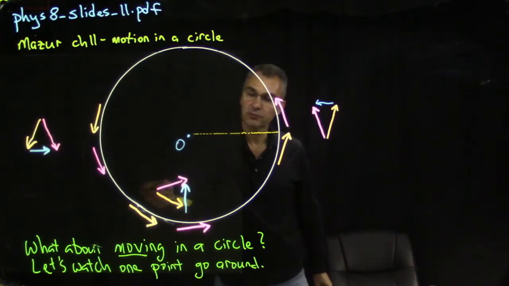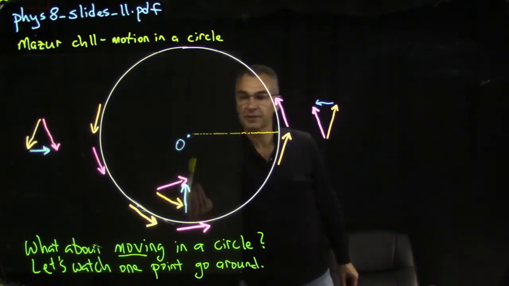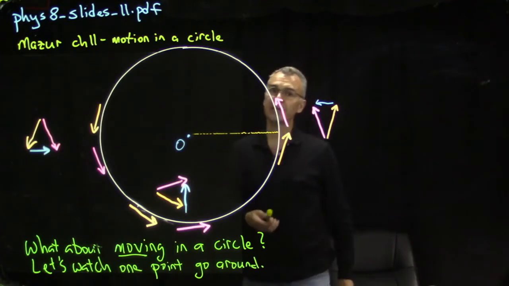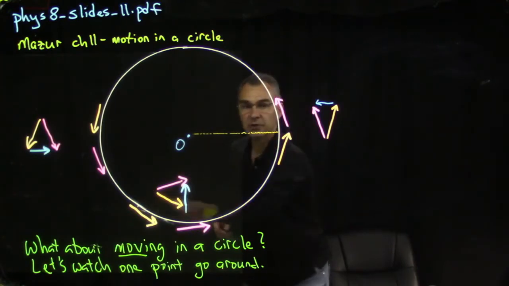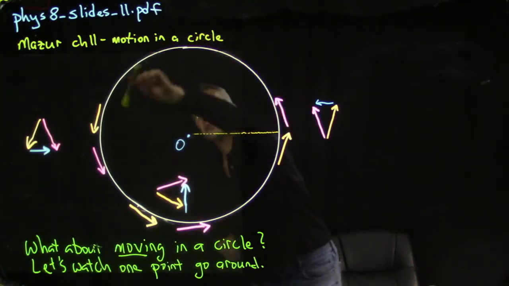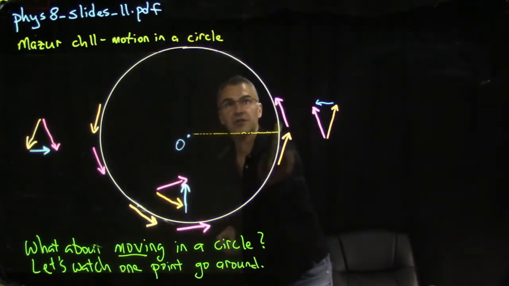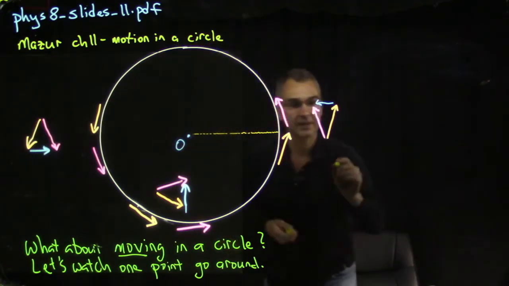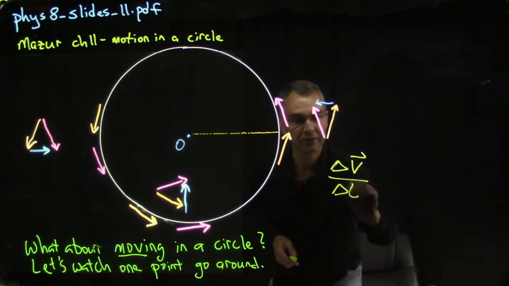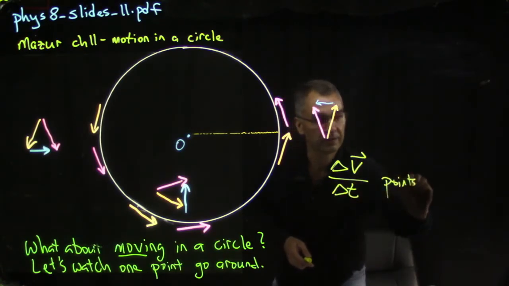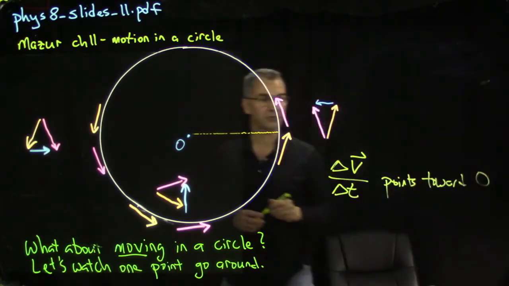So to go from the before to the after, we need something that points toward the origin. So I claim that the acceleration points toward the origin: if we're going around a circle at constant speed, but our velocity vector is changing, then the change in the velocity vector per unit time points toward the center of the circle.